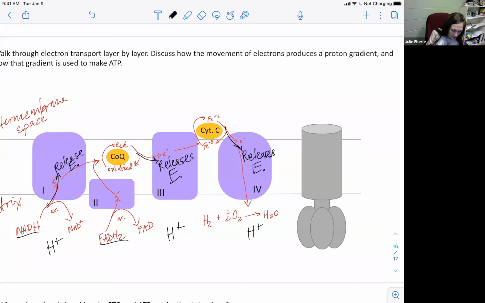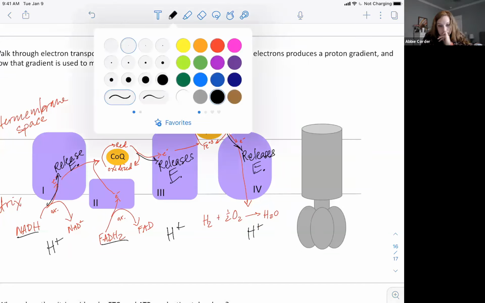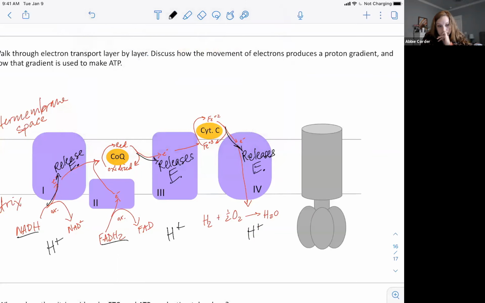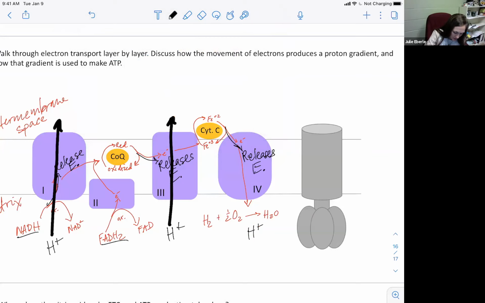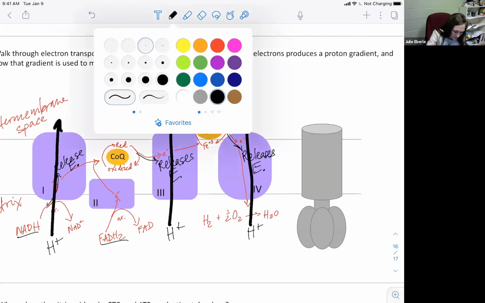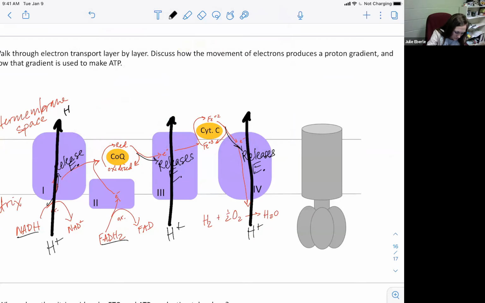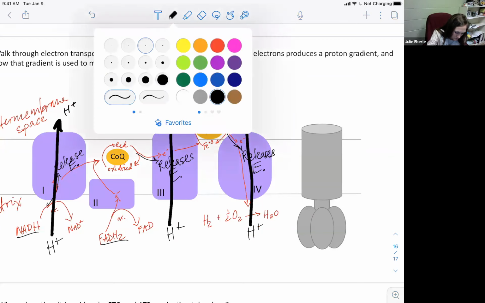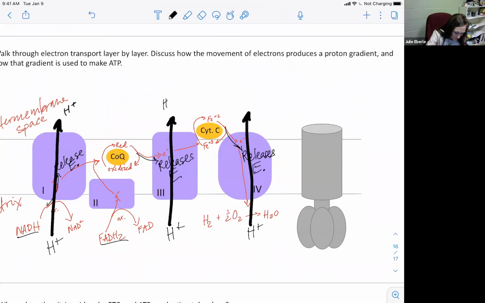Okay, remember complex 2 does not pump hydrogen atoms across into the intermembrane space. And you end up with a concentration imbalance.